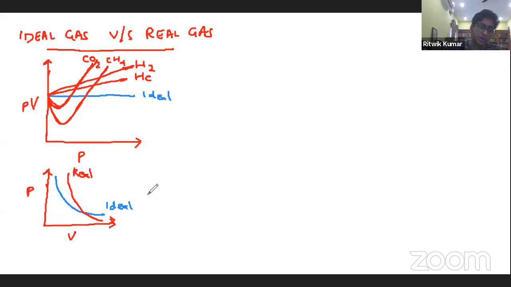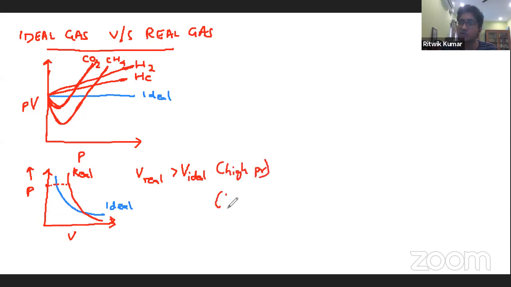Meaning when you're increasing pressure, you're going up this way. So when you're increasing pressure and you compare at a higher pressure, the real gas occupies a larger volume than the ideal gas. V real is greater than V ideal at a high pressure. At high pressures, we observe this.